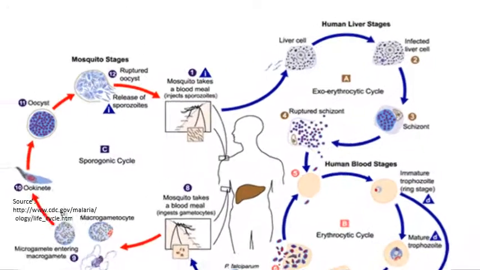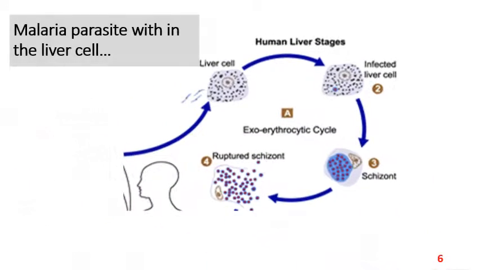In the hepatocyte, the sporozoites undergo changes in morphology, losing their apical complex and their surface coat, then transform into a round or oval trophozoite. Development takes place within a parasitophorous vacuole in the hepatocyte.